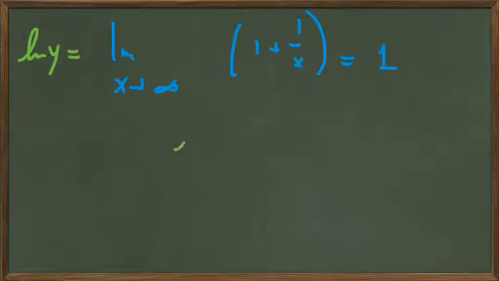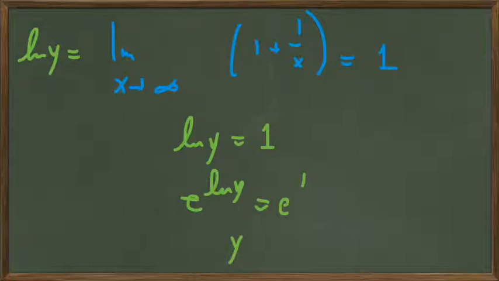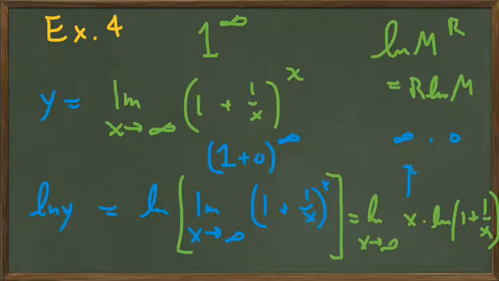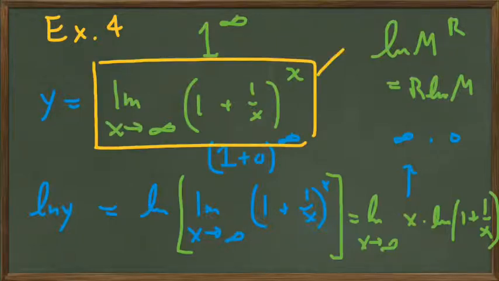So ln of y equals 1, and we make both sides powers of e, and we see that y equals e. You may have remembered from the start of the problem that this limit right here is one of our definitions of e. So we've verified that that limit is e.